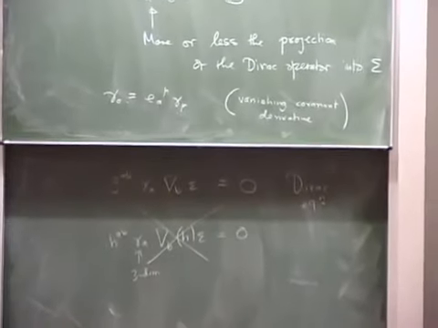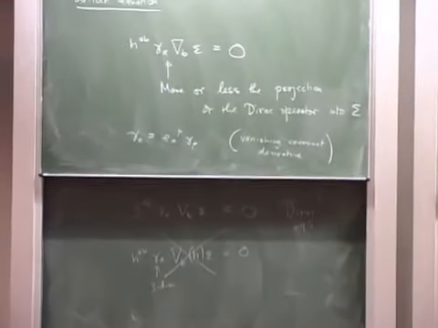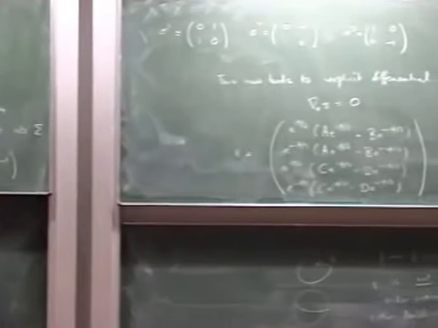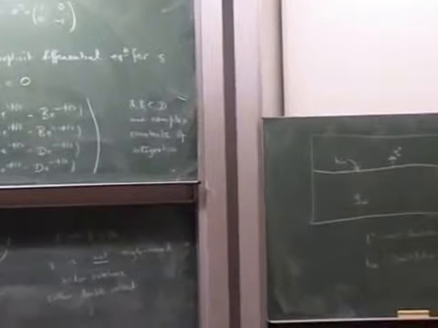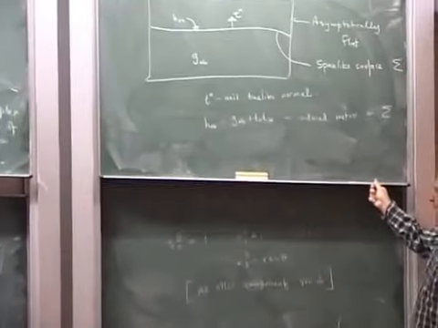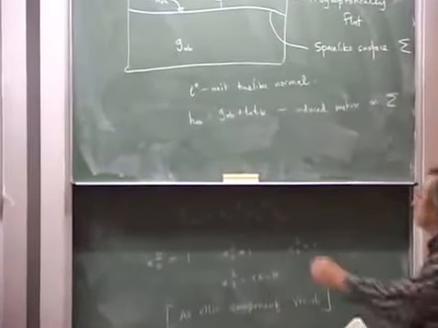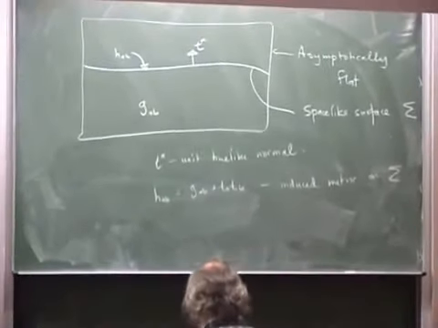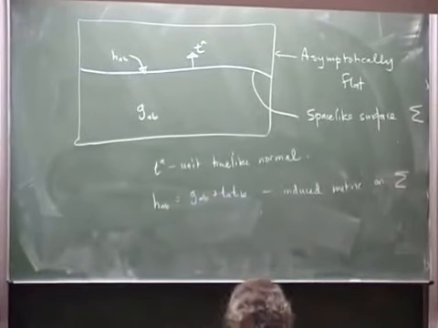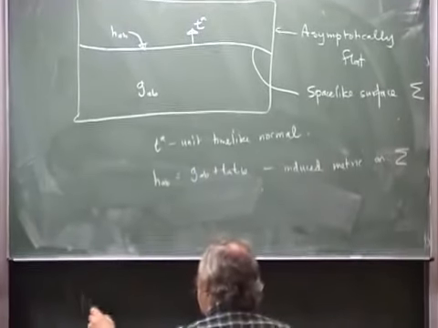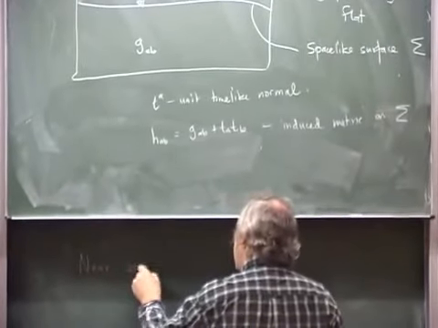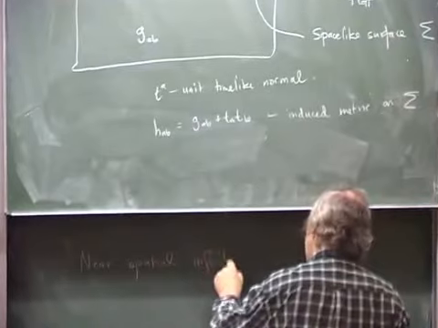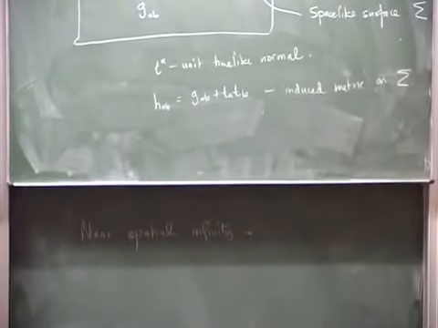So what does work? What you do is you know that out here, where the curvature is falling off, you can construct covariantly constant spinors. So near spatial infinity, you can construct constant spinors.